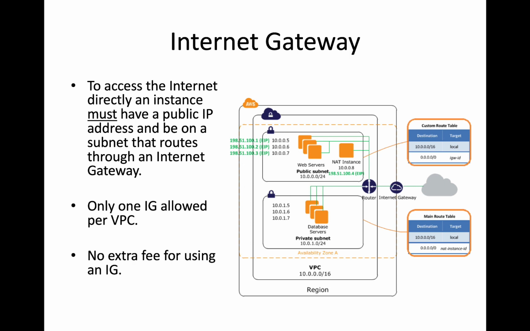In order to access that EC2 instance from the internet, there must be two things in place. One is the VPC must have a NAT Gateway. And second, that EC2 instance you have provisioned must have a public IP address.